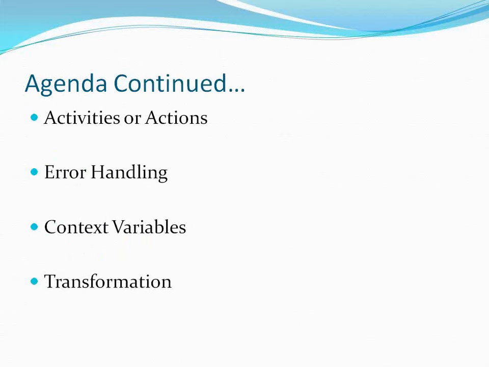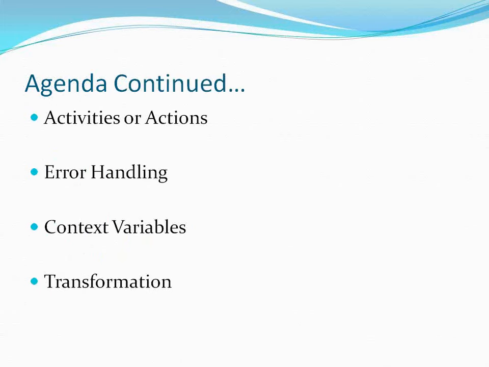Context variables. Do you know what the context variables in OSB are? No idea. OSB gives inbuilt context variables. For example, OSB will give you 5 types of variables. One is body. Body will handle all your request and response.